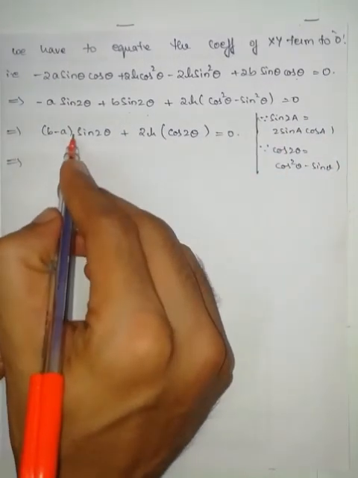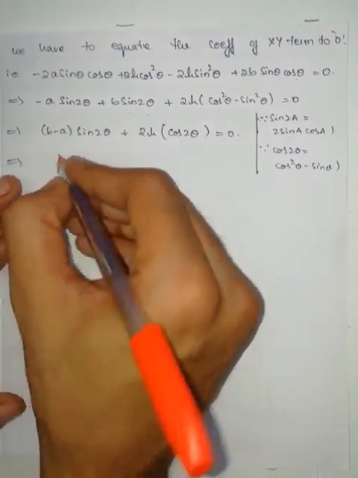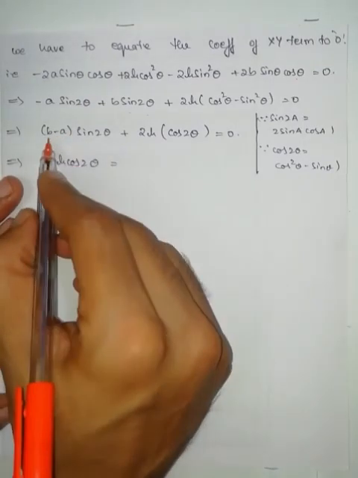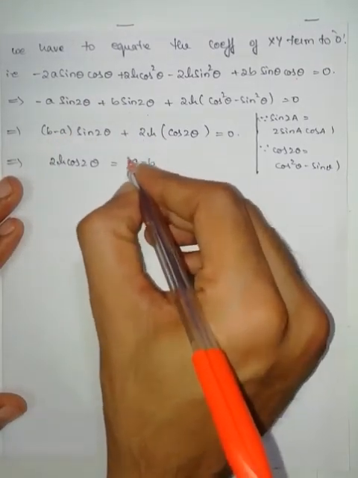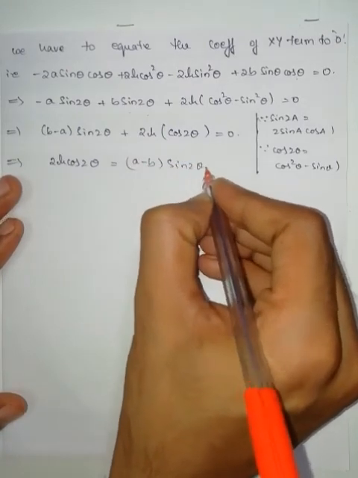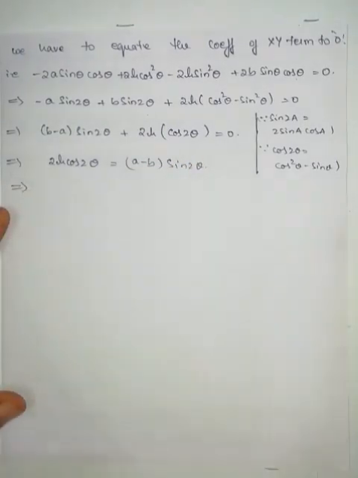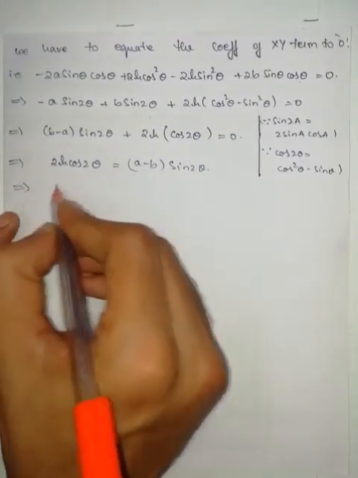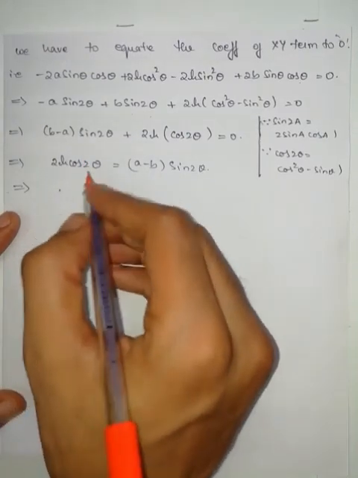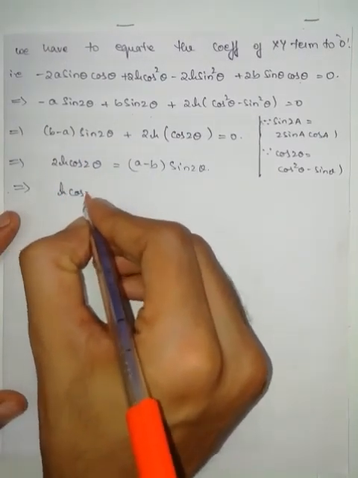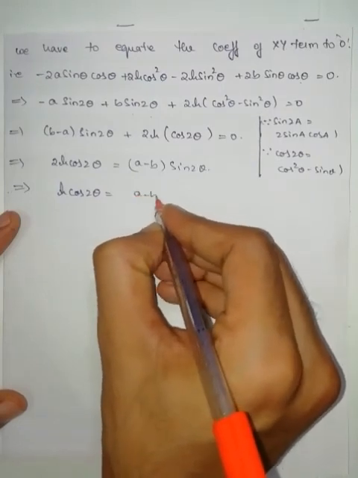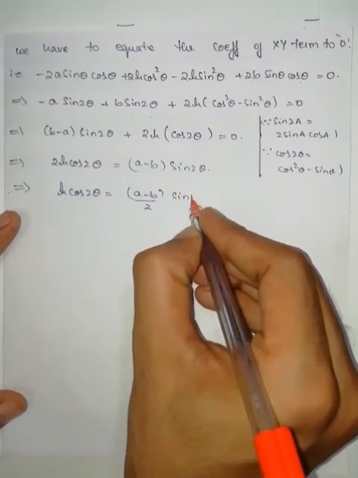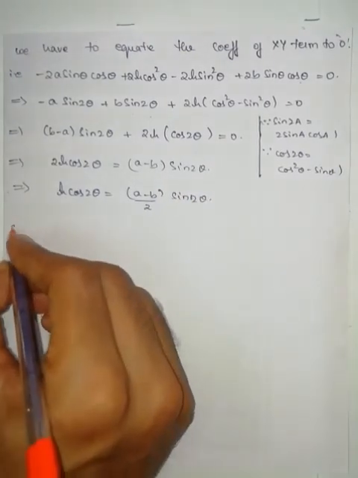Now I am sending this term to the right hand side. So 2h cos 2 theta is equal to b minus a becomes a minus b sin 2 theta. Now this one can be written as h cos 2 theta is equal to a minus b by 2 into sin 2 theta.